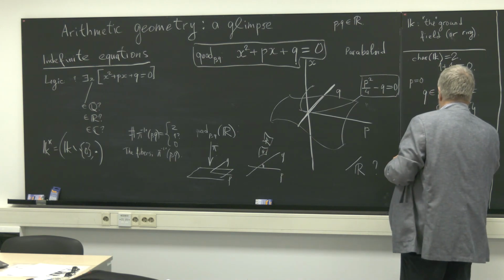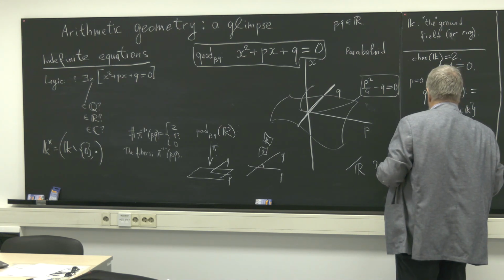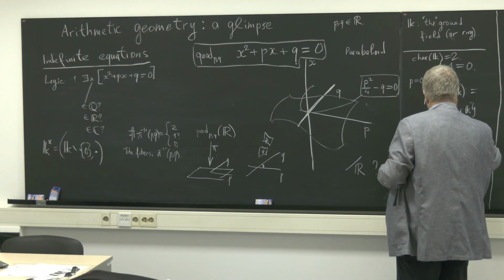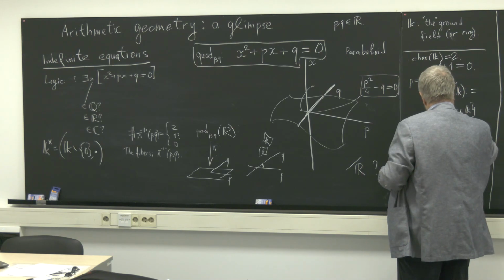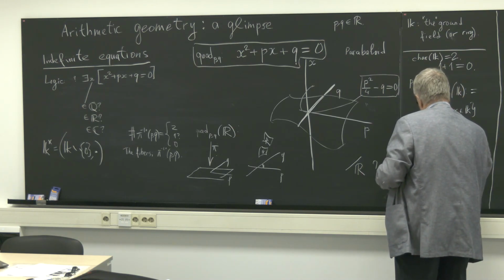Now there is a map of squaring, denoted like this. Let me write it.